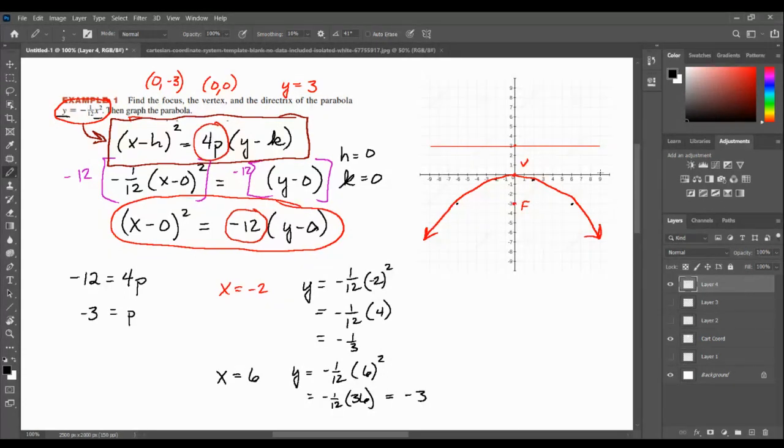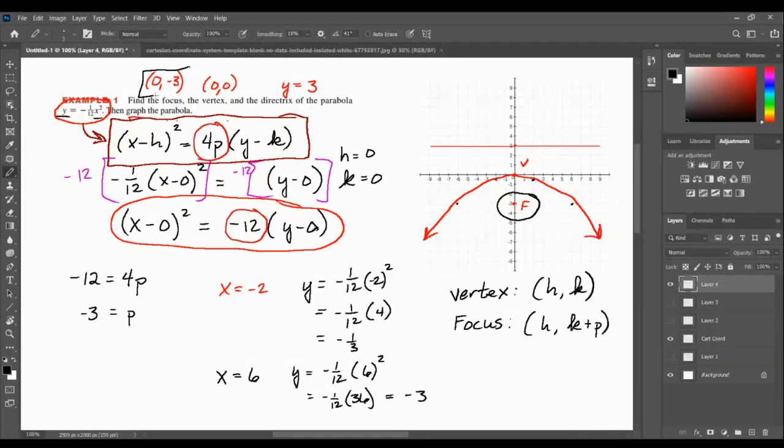Another thing the formula sheet said was, I'll write it down here, the vertex is HK, which we got just fine. It tells me the focus is HK plus P. So that was 0 plus a -3, which gave us that one.